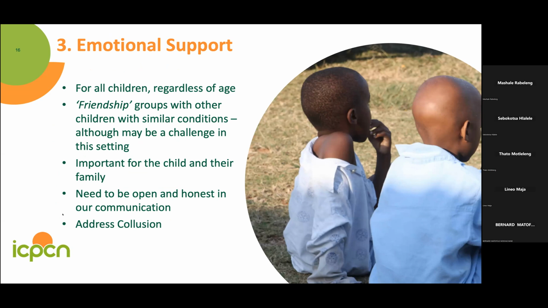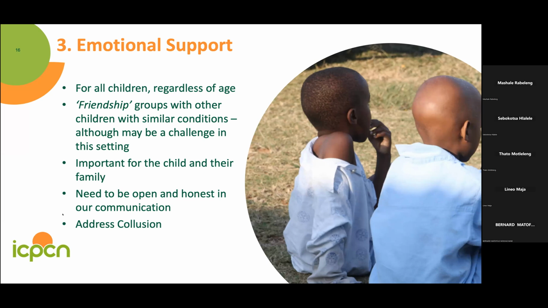It can help them, particularly the adolescents and the older children, that they want to talk with others going through similar situations. They want peers going through similar situations so that they don't feel quite so isolated and quite so different from everyone else.